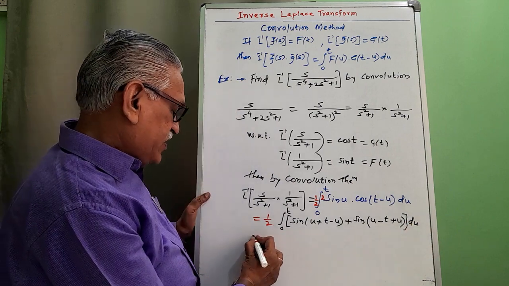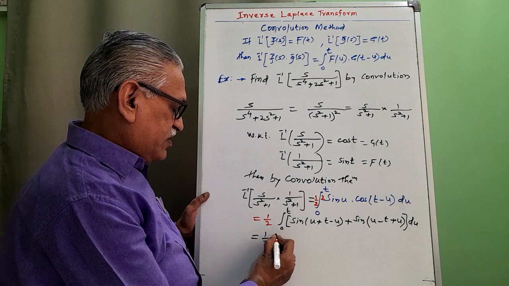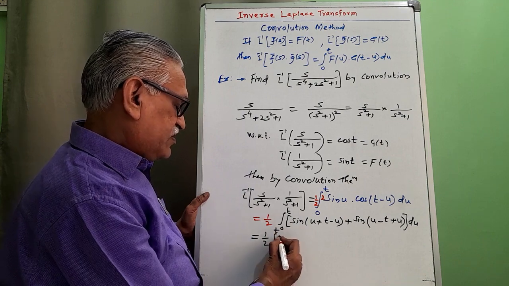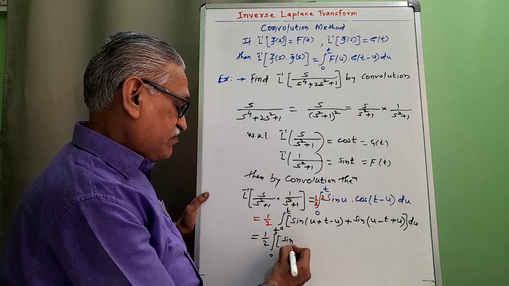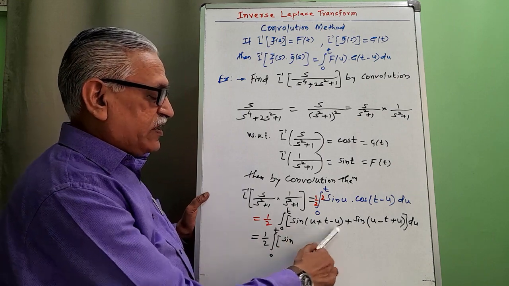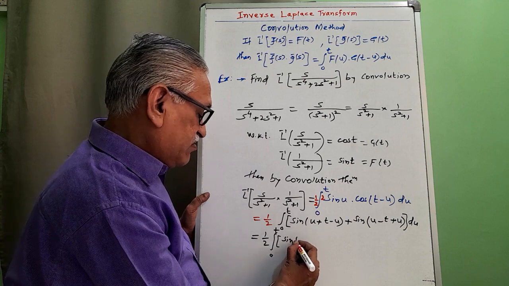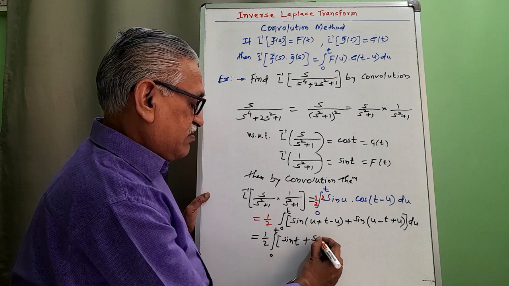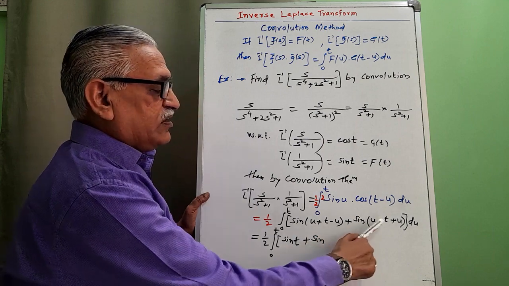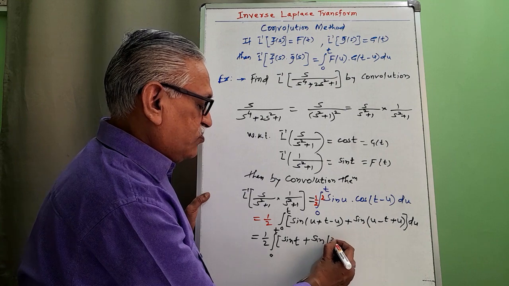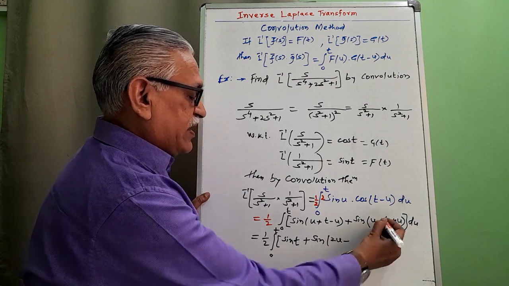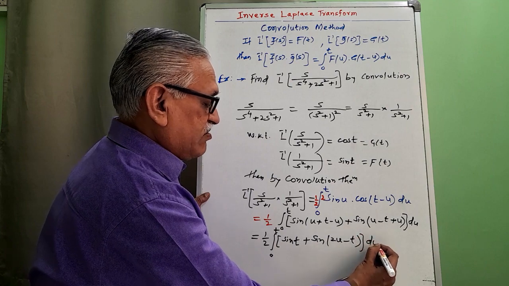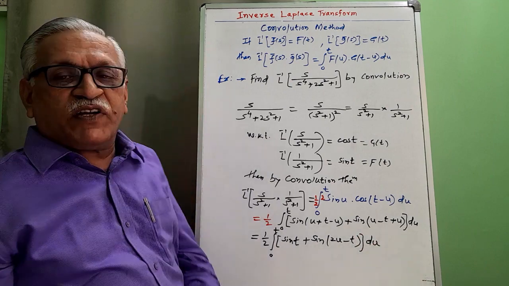Then simplifying it, we get 1 by 2 times integration from 0 to t of sin of, u gets cancelled, we get sin t only, plus sin of u plus u, we get 2u, and minus t. This we have to integrate with respect to u.